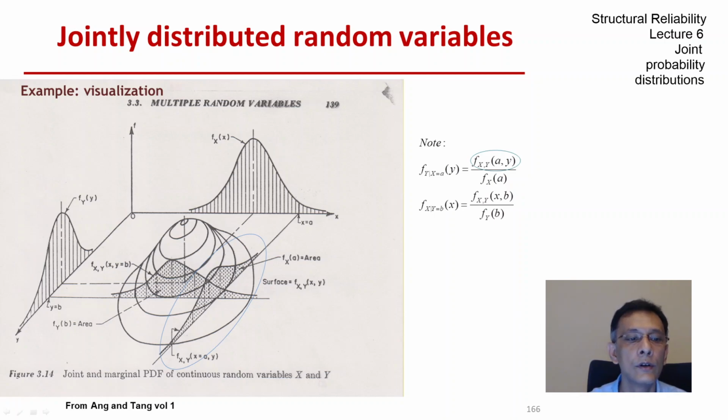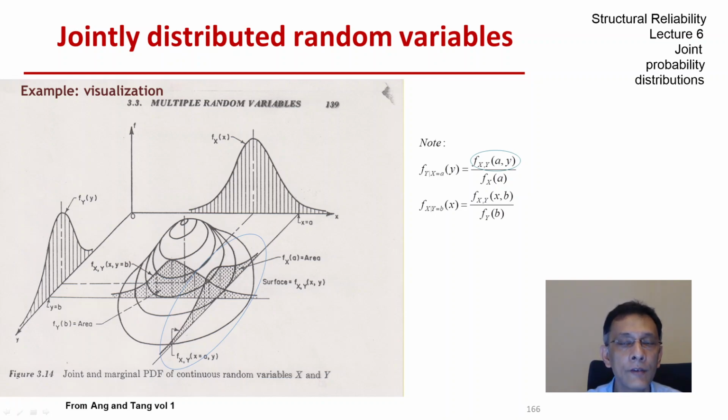Likewise, we could look at the other direction where x has been fixed at a. So we take the cross section accordingly, what you see in the blue circle, and the area of that would be the density function of x at a.